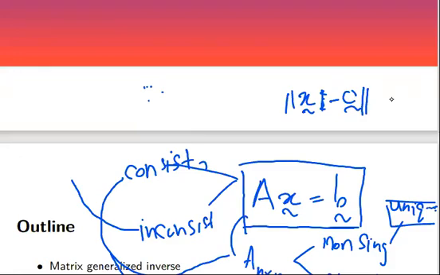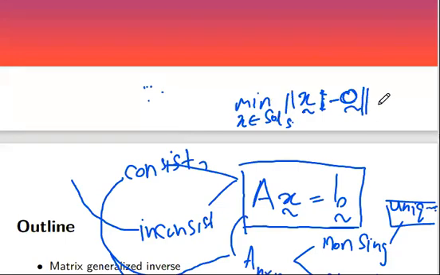Let's say we want the smallest one. So x is in the solution set, and I would like to pick the solution which has the smallest norm value.